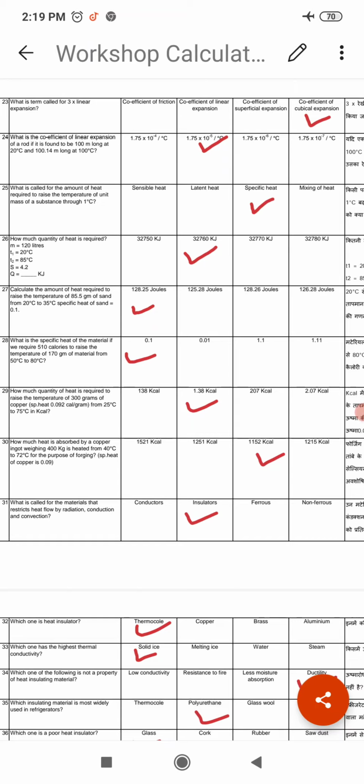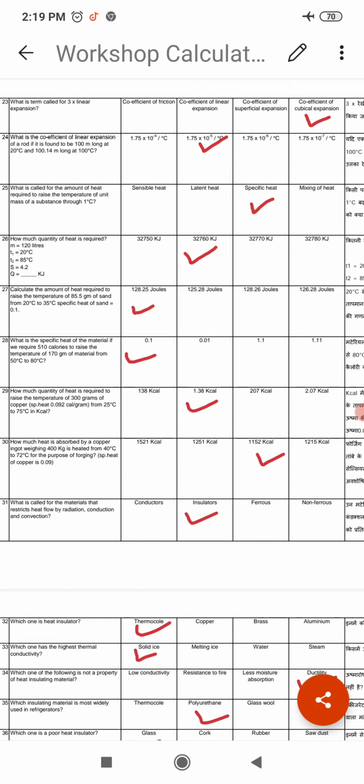128.25 joules. Next, what is the specific heat of the material if we require 510 calories to raise the temperature of 170 grams of material from 50 to 80 degree centigrade? Answer is 0.1.